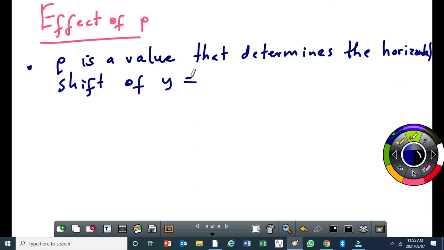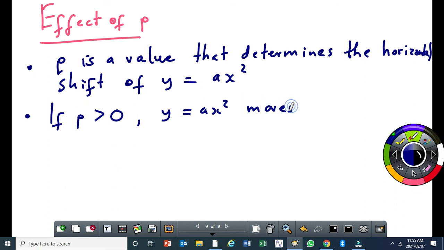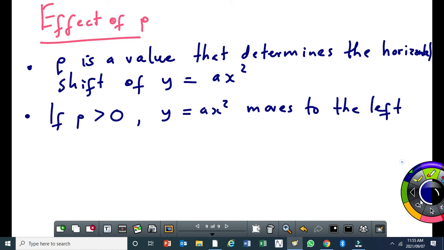y equal to, I'm just going to generalize it, y equal to ax squared. I'm just generalizing to that form. Right, now the next point is this. If p is greater than 0, if p is positive, y equal to ax squared moves to the left, like in the case of the trigonometric graph.